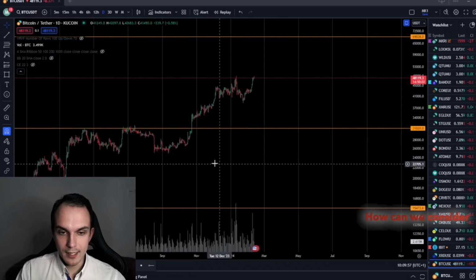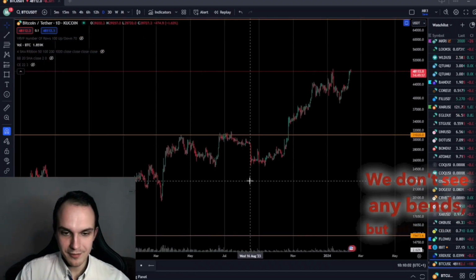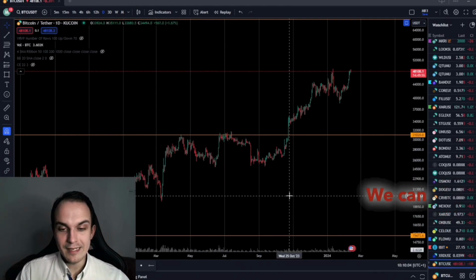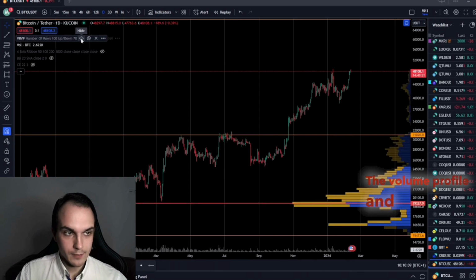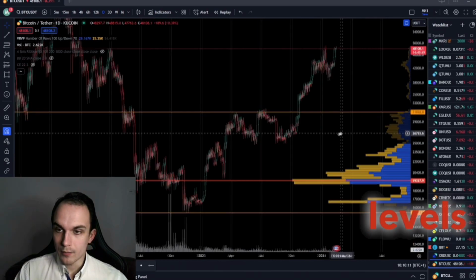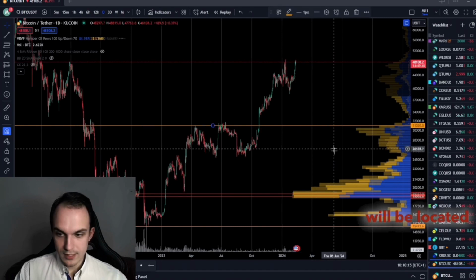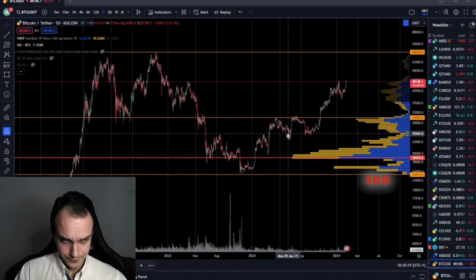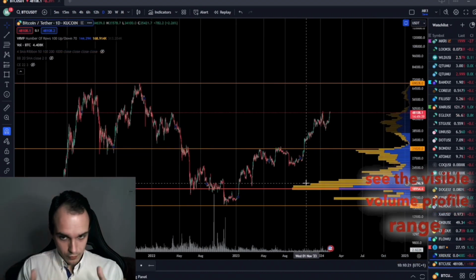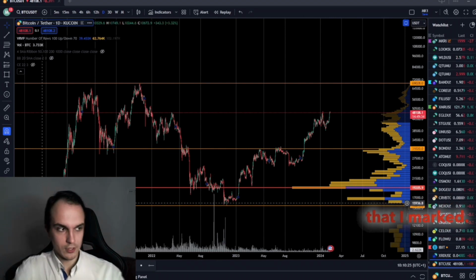How can we find local levels if we don't see any bends where the price took notice? We can look at the volume profile, the VPVR, which shows us where the levels truly are. The levels will be located in the intervals between the volume profiles. Here we see the visible volume profile range, from July of the 20th year, that I marked.